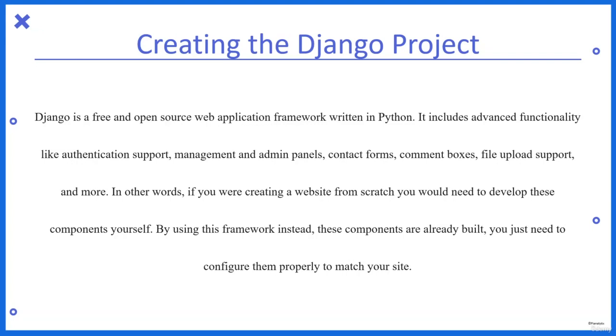But by using this framework, the components are already built. You just need to configure them properly to match your site. These functionalities are already built in the form of classes or functions, and you just need to import them or create objects for these classes to have this functionality on your website.